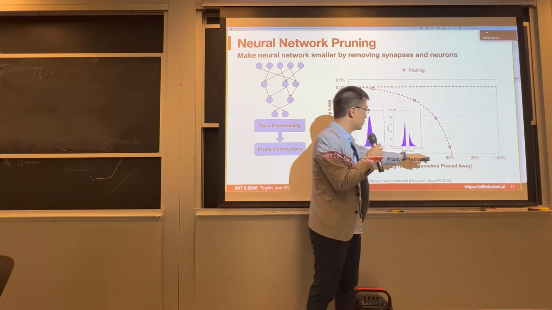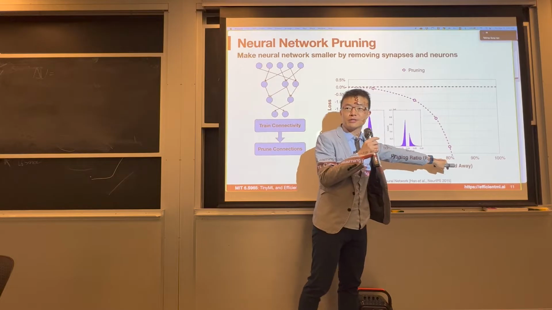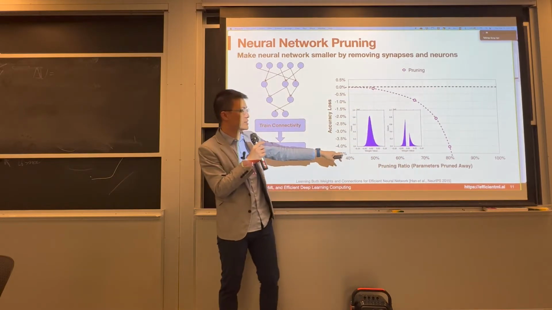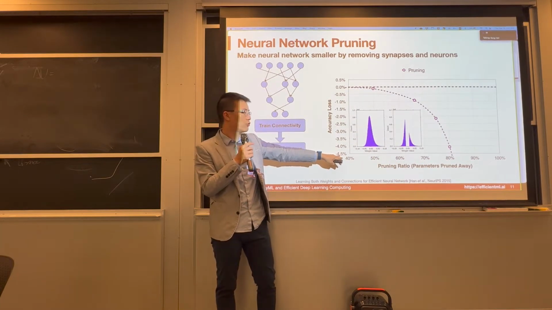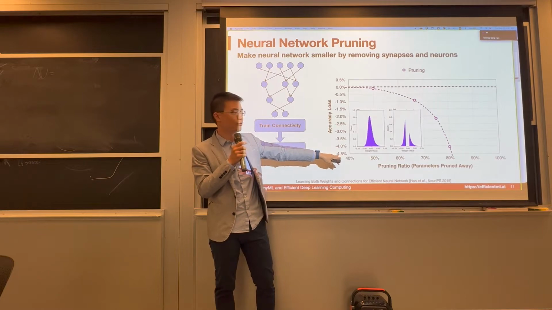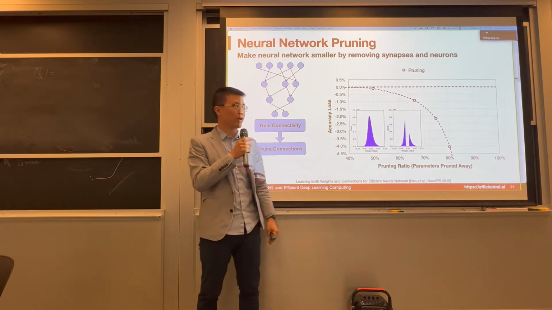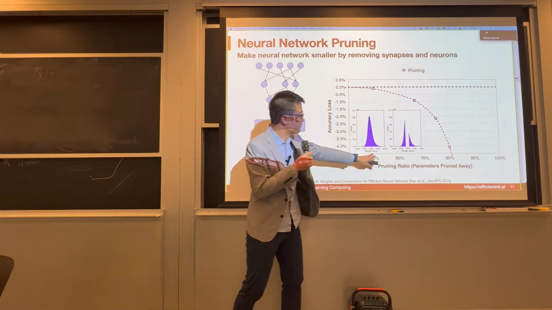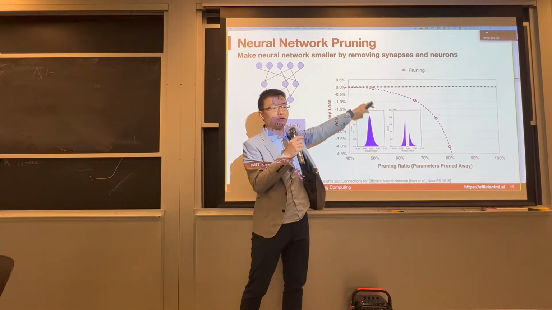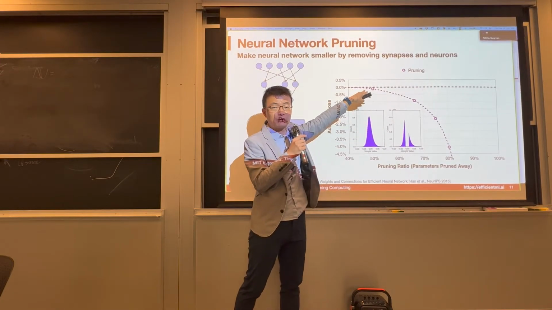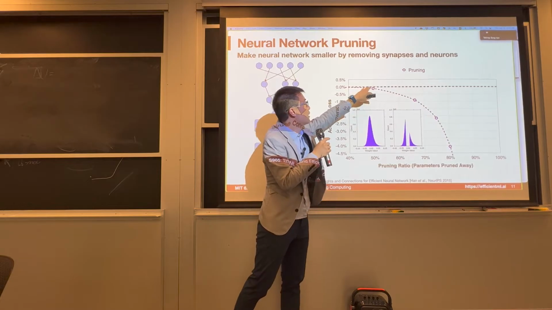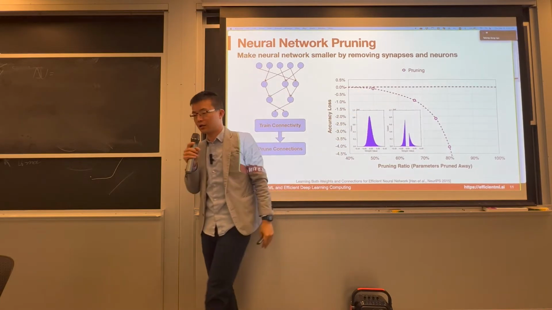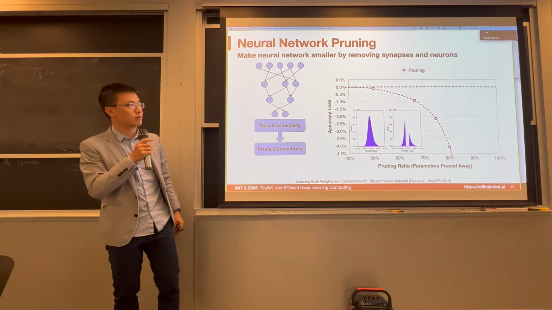When we prune away 80% of the parameters, the accuracy drop is pretty significant, a 4.5% drop. Probably 50% is okay: when pruning 50% of the parameters, we still have an accuracy drop of less than 0.1%.